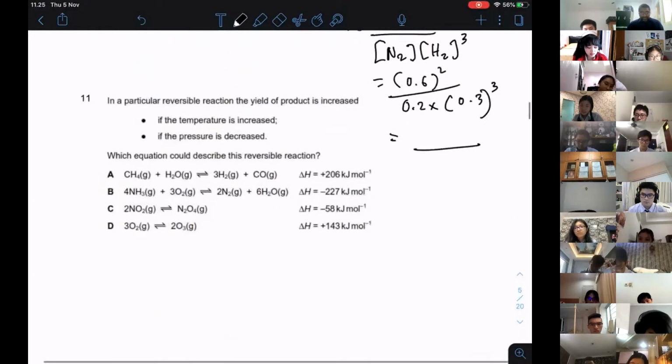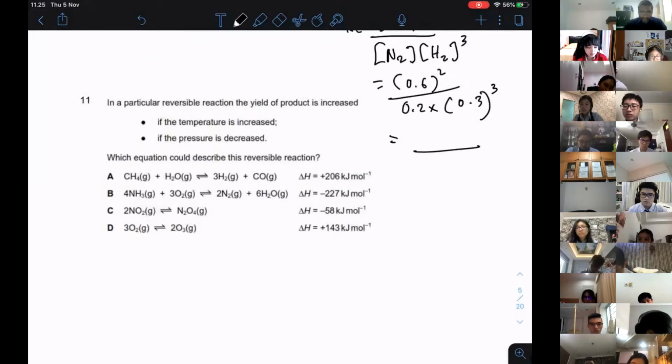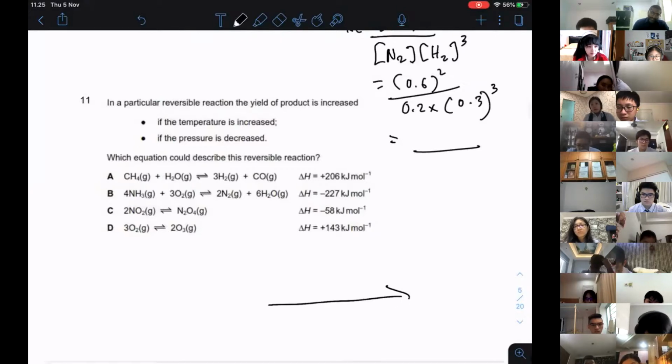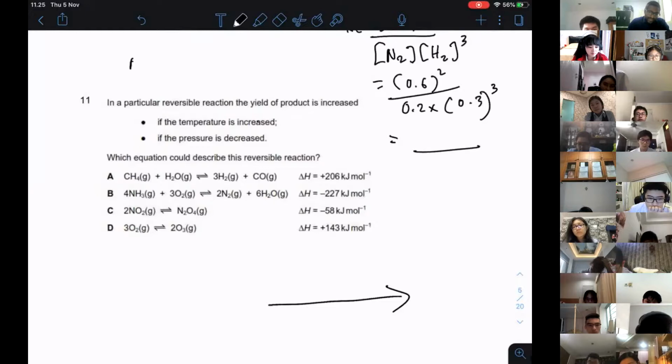Let's try a question. This one also involves some thinking. In a particular reversible reaction, the yield of the product is increased. The product increasing means the position is shifted to the right. They say that it increases if the temperature increases. Let's say a particular reaction, A plus B to give C. Temperature is increased.